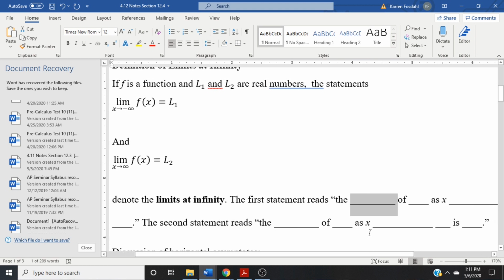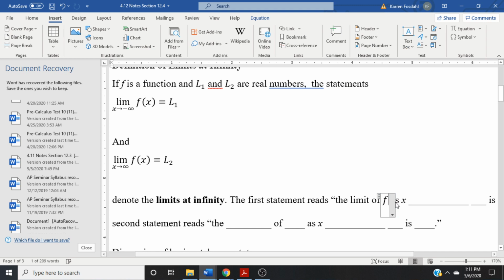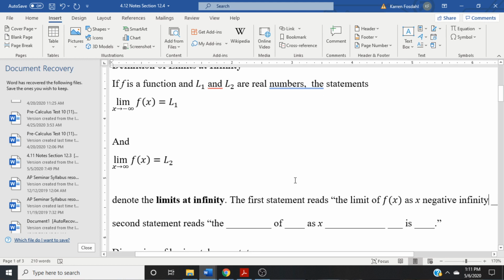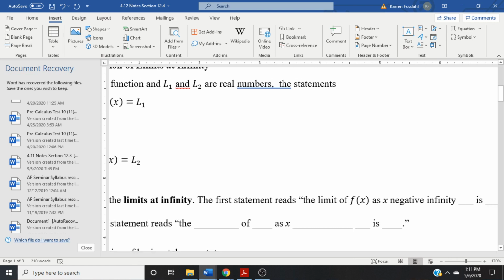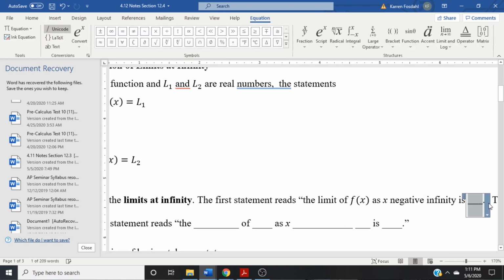So we're getting the limit of f of x as x approaches negative infinity is going to be L1.